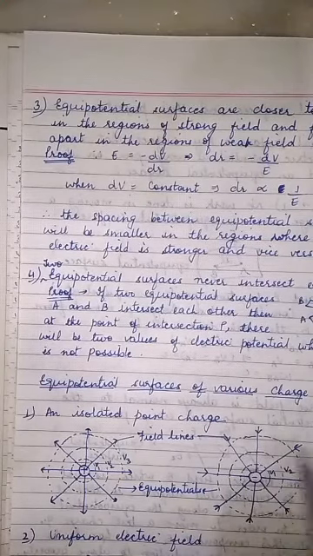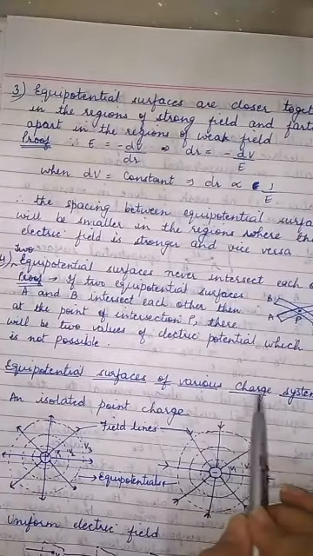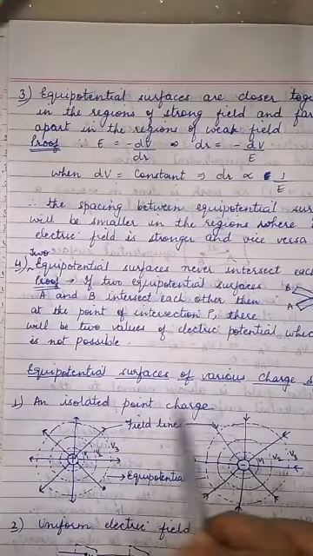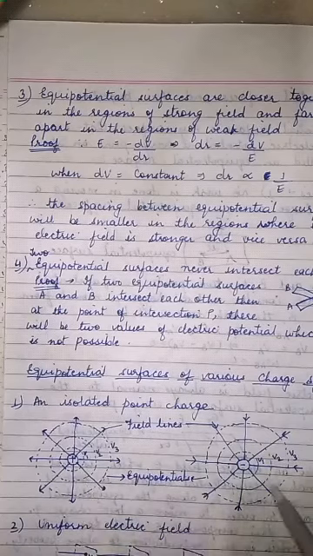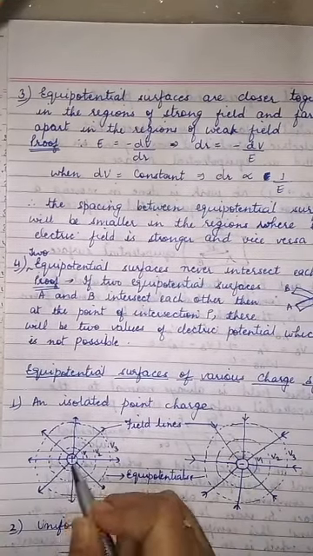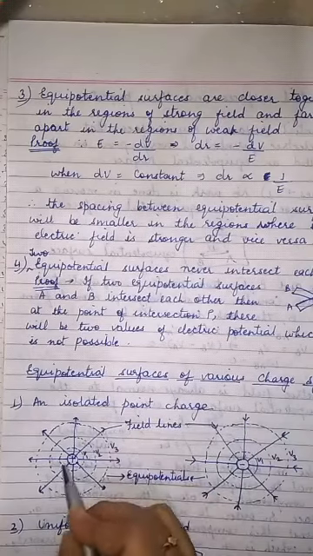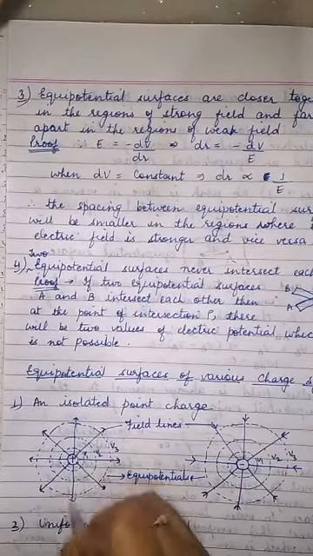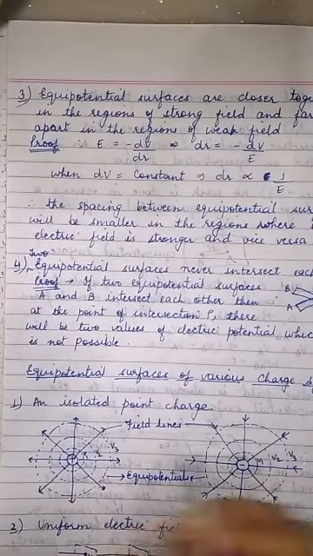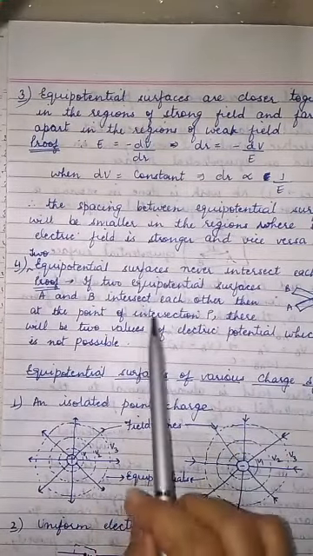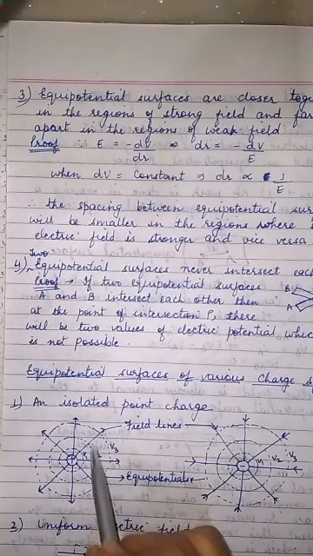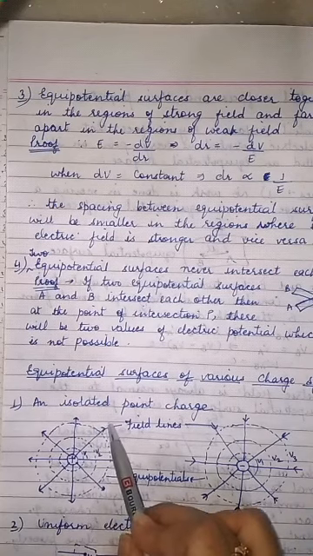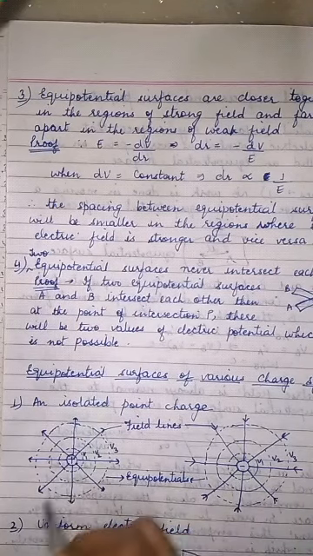Now we'll draw the equipotential surfaces of various charge systems. First is an isolated point charge. It may be a positive charge or a negative charge. First we'll see the equipotential surfaces of a positive charge. These lines are the electric field lines, which are radially outward. From the property of equipotential surfaces, we know that an equipotential surface is always normal to the field lines, or in other words the electric field is always normal to the equipotential surfaces.